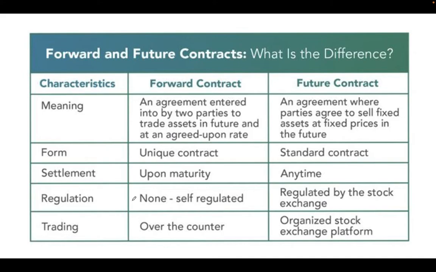And in a futures contract, there is an initial margin which is collected upfront plus daily MTM, that is called mark to market margin, which both the buyer and the seller have to deposit with the exchange. But in forwards, nothing like that.